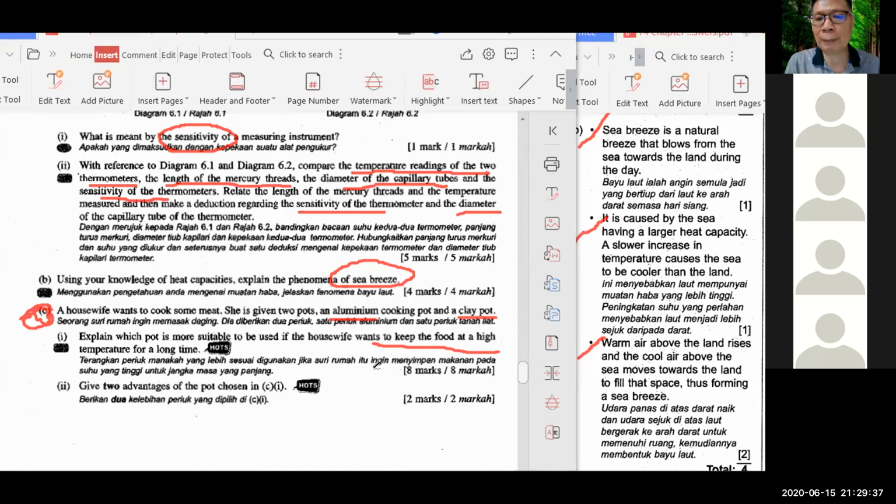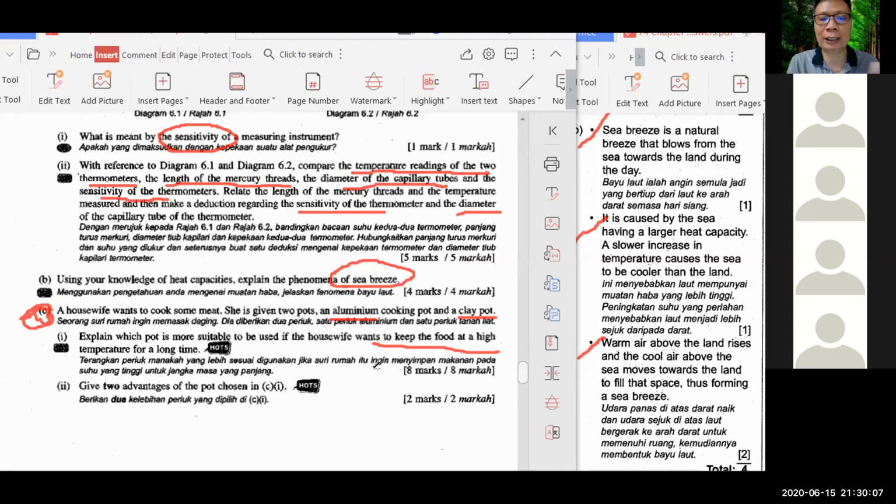Between aluminum and clay pot, which one can conduct the heat faster? I'm sure you know, right? Aluminum cannot keep heat. Aluminum will conduct the heat, so the food will cool down very fast. So definitely we are going to choose a clay pot, isn't it? Clay pot is a very poor conductor. It won't conduct the heat, so the food will still keep warm inside. Understand? There are so many reasons.